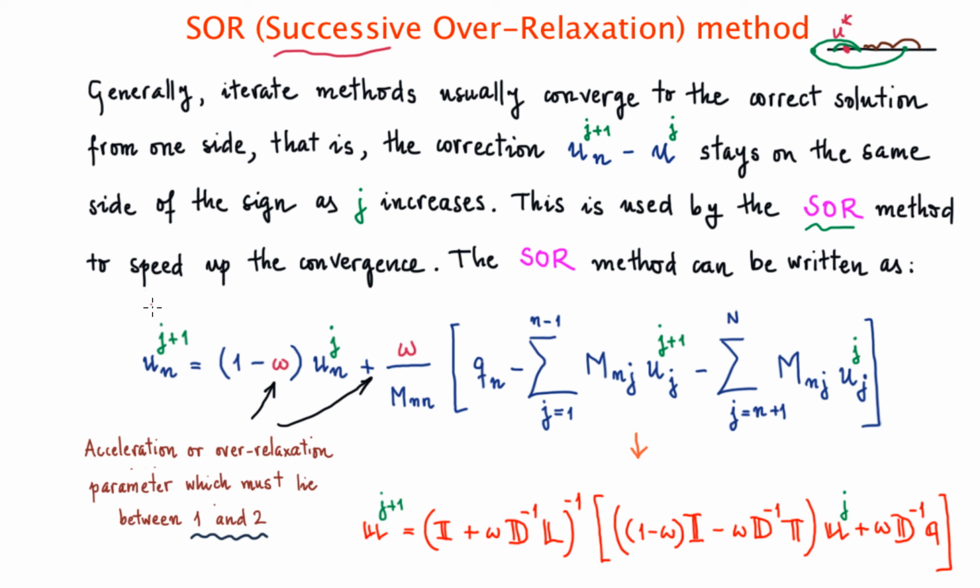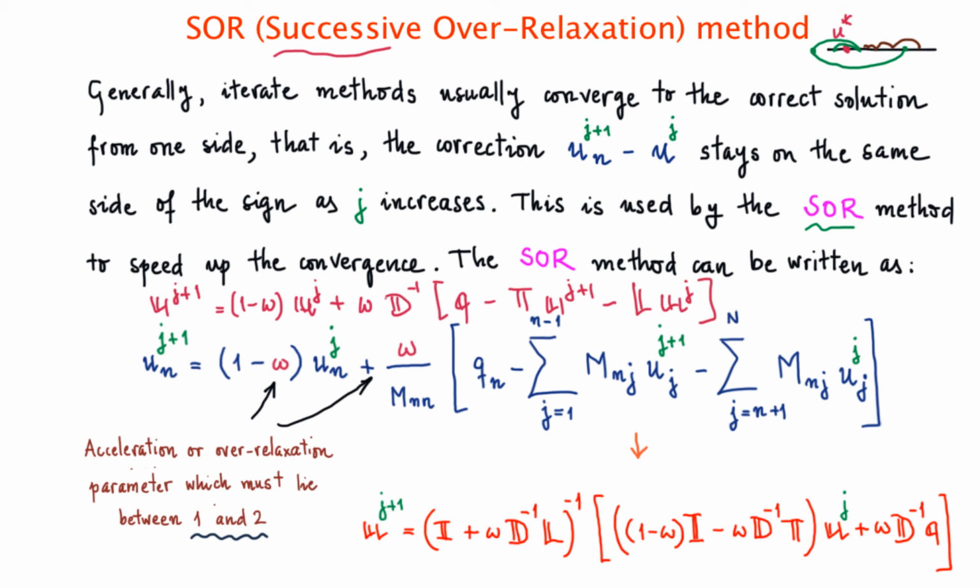So, for example, using the matrices, the U vector evaluated at the j plus 1 iteration is 1 minus omega times the U vector evaluated at the j iteration, plus omega times the inverse of the diagonal, which is multiplying the Q vector, minus the product of the upper triangular matrix times the U vector evaluated at the j plus 1 iteration, and minus the lower triangular matrix times the U vector evaluated at the j iteration. So this expression here can be written this way.